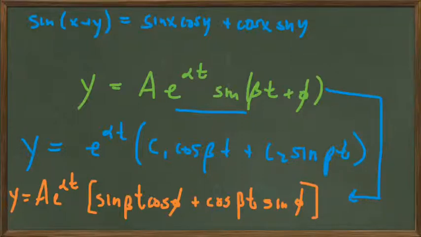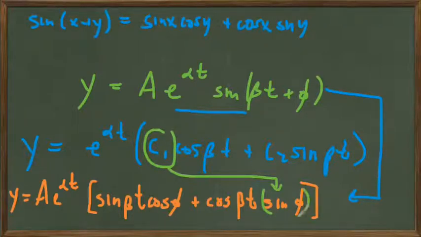When we match these two formulas up, C1 is going to correspond to sine of phi multiplied by a, and C2 is going to correspond to cosine of phi multiplied by a.